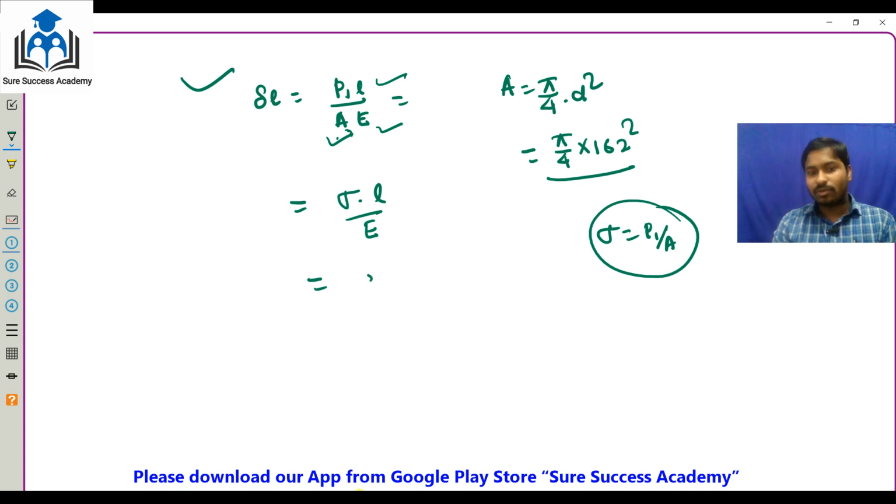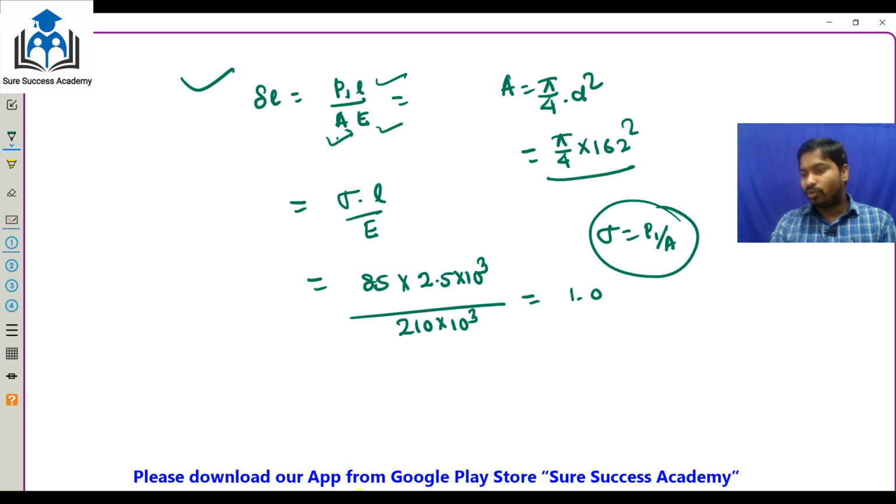The stress is equal to 85 mega Newton per meter square into L, which is given as 2.5 meter, that is 2.5 into 10 to the power 3 mm, divided by the E value given, 210 into 10 to the power 3. It comes around 1.012 mm.